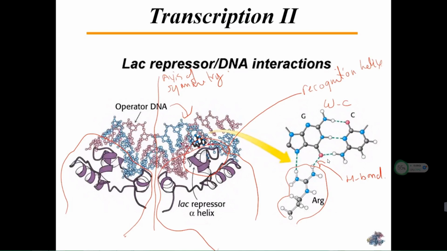The helix that actually makes these types of connections is part of a specific DNA binding motif called the helix-turn-helix. And we'll look at these motifs in a few minutes. So this is one example of a key structural feature that is required in these DNA binding proteins for recognition along this axis of symmetry.